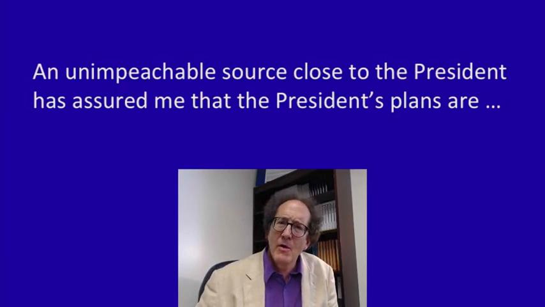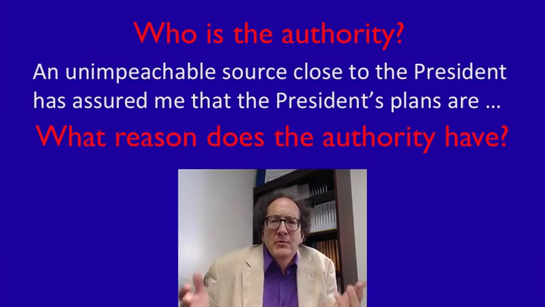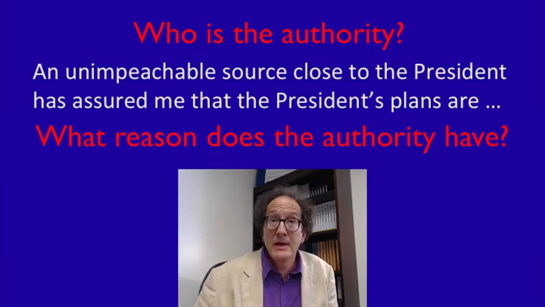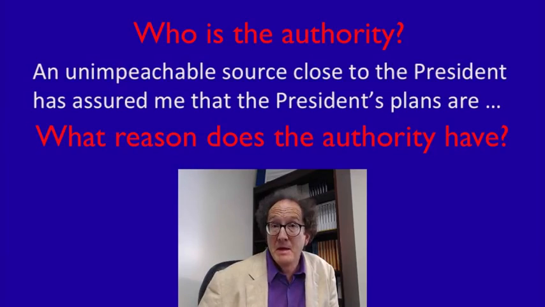So they're citing an authority, but they're not telling you what the authority is or what reason the authority has for what the authority claims. Now, if you trust that authority, then that's fine. And if the authority is reliable, then you might be safe. But if you don't know who the authority is or where they got their information, there can be problems.